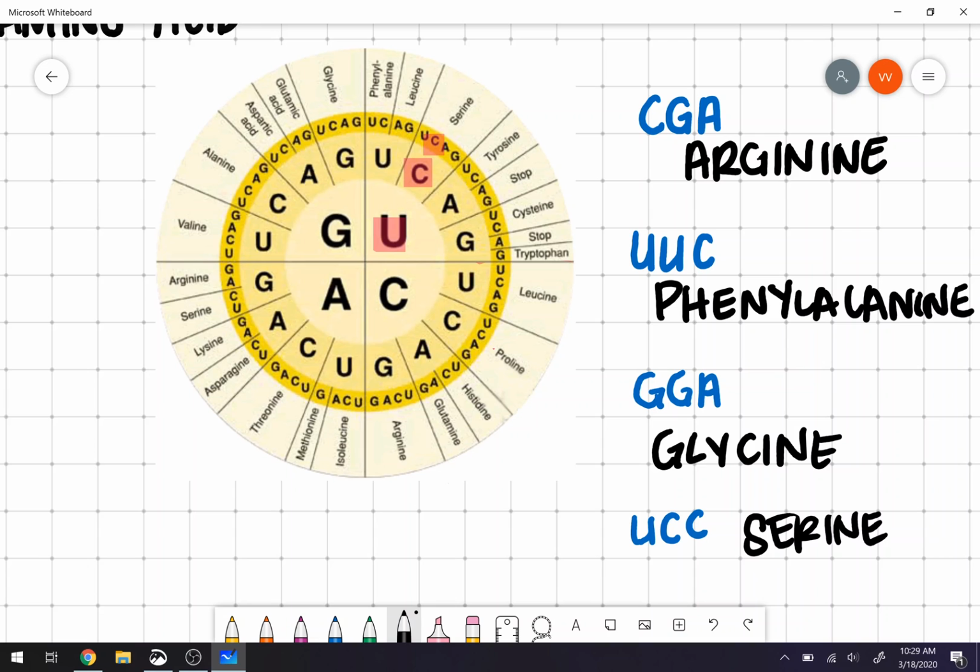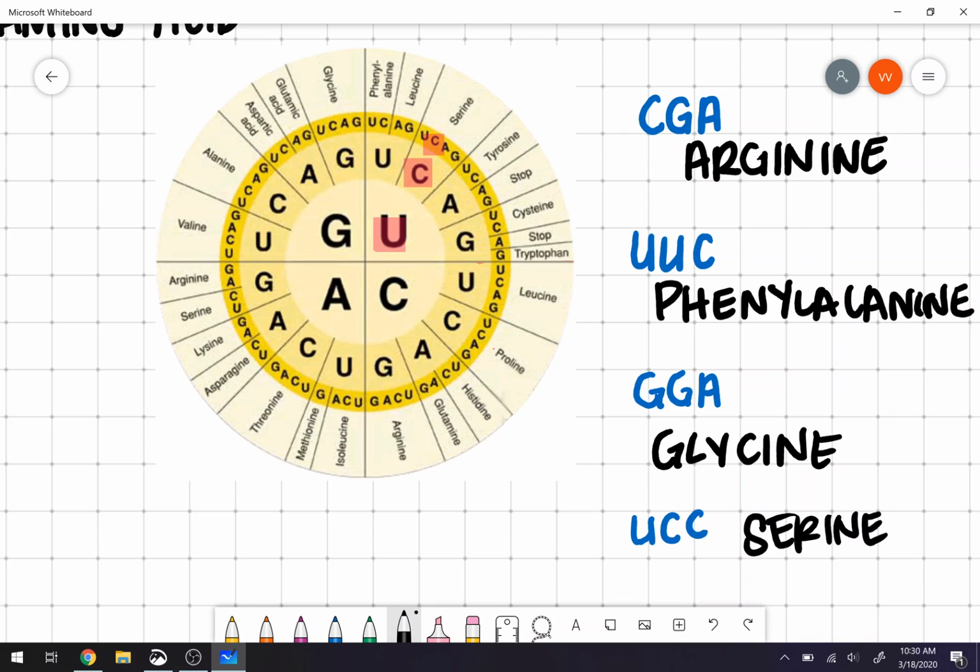So that's how ribosomal RNA is going to read the code on messenger RNA. The first step of translation is for messenger RNA to attach itself to a ribosome. That ribosome has ribosomal RNA, which will start to read that genetic code, those codons.